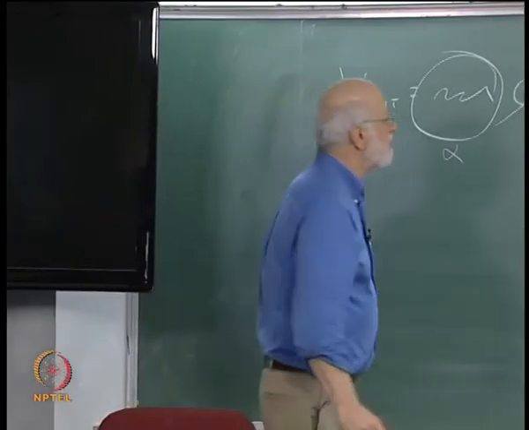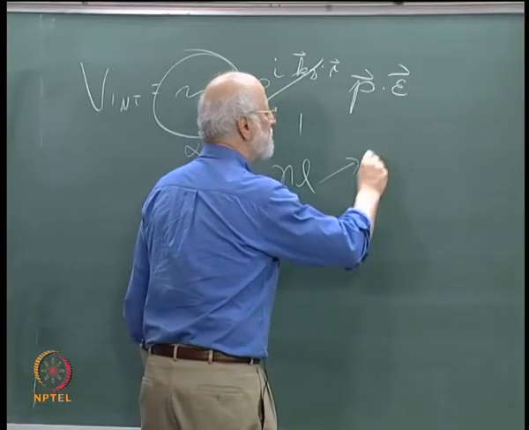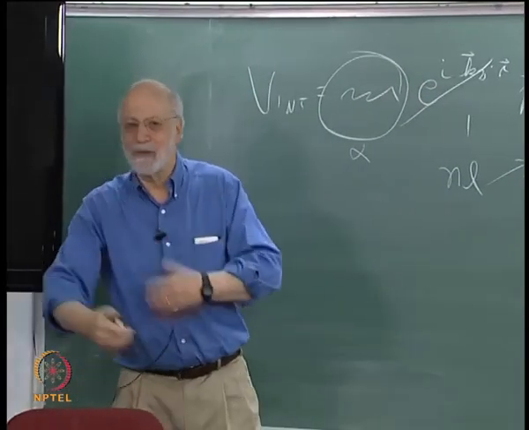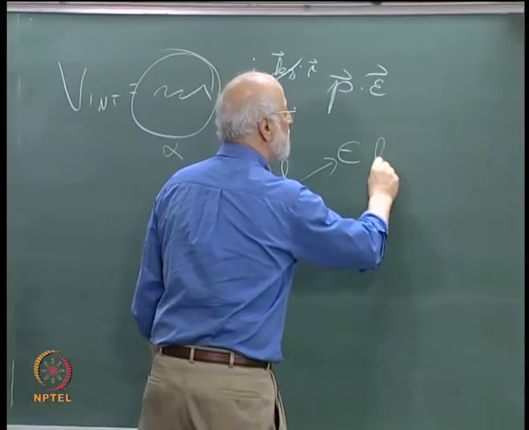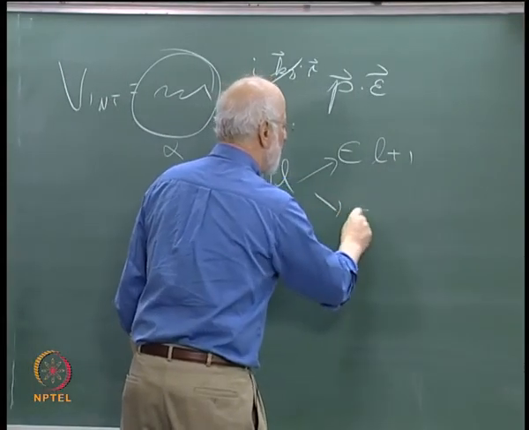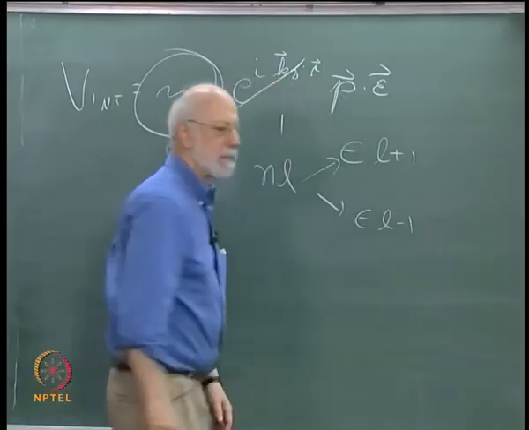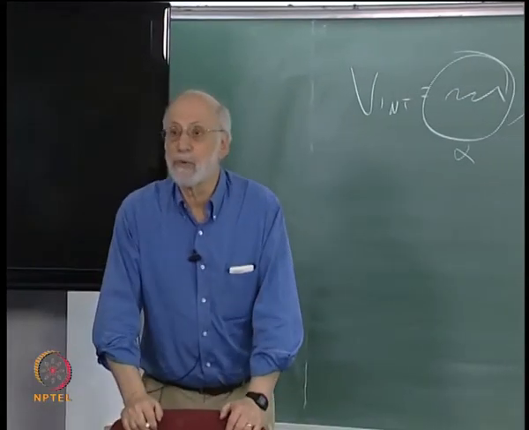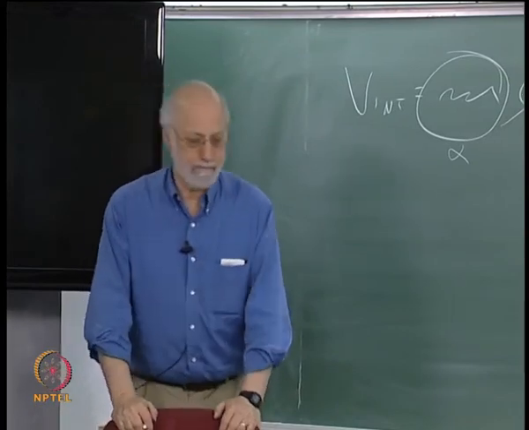Namely, that this can go to a final state. I write epsilon, meaning it's ionized. There's some energy in the continuum. Epsilon l plus 1 and epsilon l minus 1. In other words, that's the selection rules, l to l plus or minus 1.